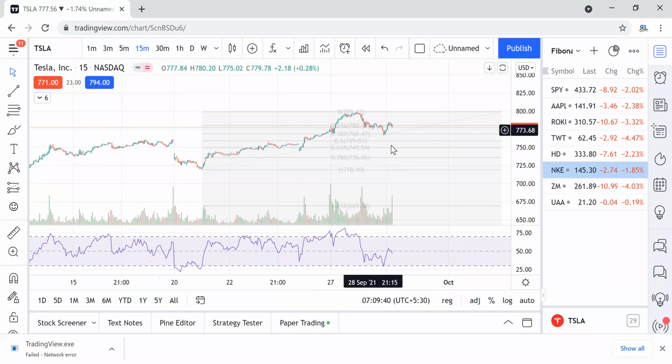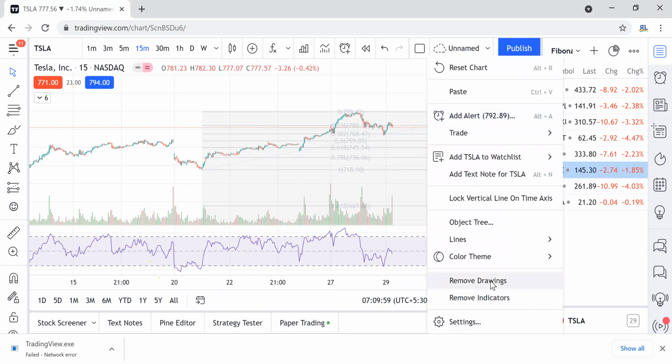I would do an extension and it would tell me where the 1618 level is. So yes, that's a great question, Eric. That makes sense. Keith, thank you for asking me that. It's a fantastic question. So until the trend has changed, that's how long I would keep it on.